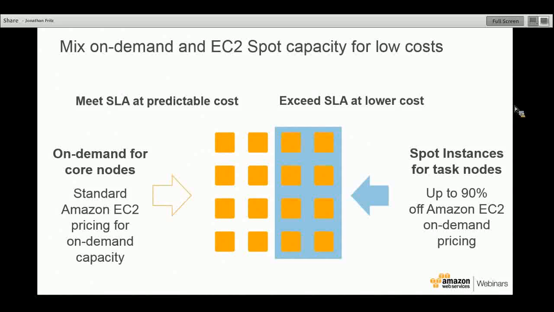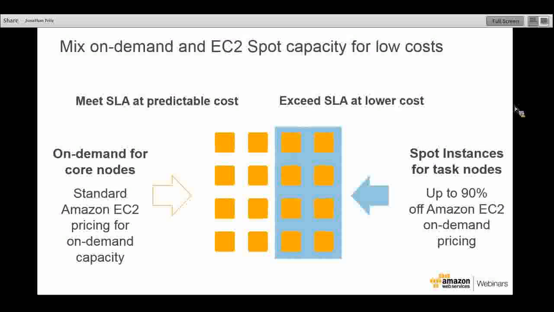Hadoop, though, is a fault-tolerant system. So if you lose any one node in your cluster, except the one running the master node, which you would never want to run on Spot, your job will still continue on. So we see customers running a mix of on-demand and Spot instances to get a low cost, but get the job done in a certain amount of time.